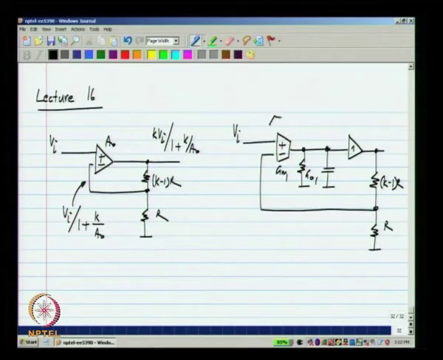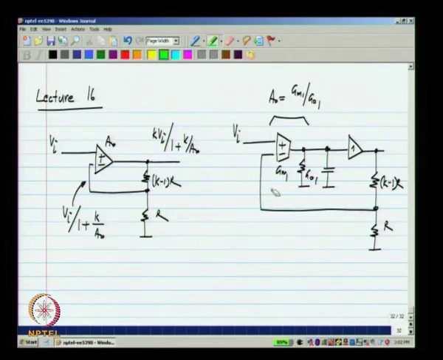Now this we know has a DC gain A naught equals Gm1 by Go1. So whatever I described on the left side will happen here, and the voltage here will be slightly smaller than Vi.